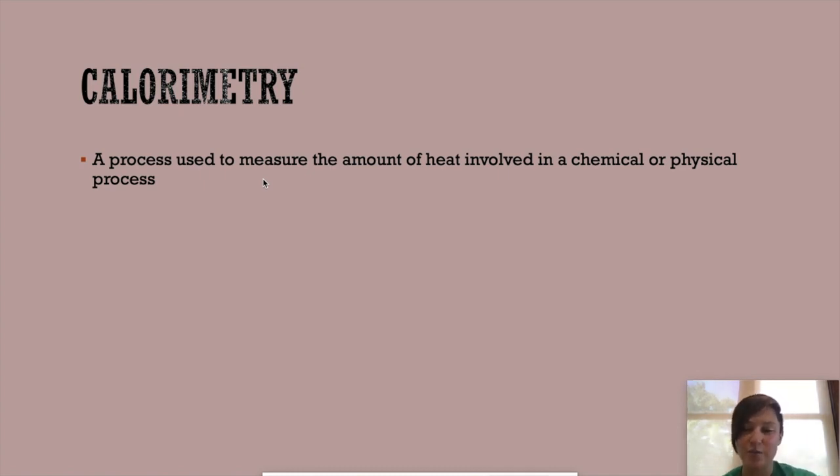You'll use a calorimeter to figure out how much heat is being exchanged. You'll do calorimetry practice problems, which means you're going to be measuring how much heat's been changed by looking at word problems and solving them and figuring them out. Okay, so when you hear the word calorimetry, it just means that we're looking at a change in the amount of heat of an object, the amount of this heat energy.